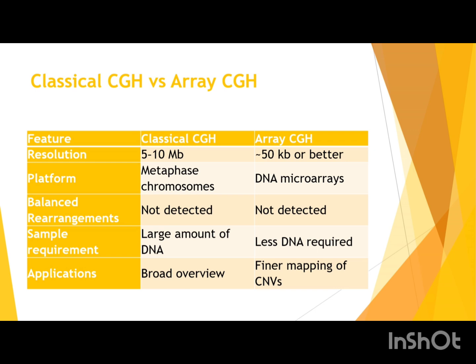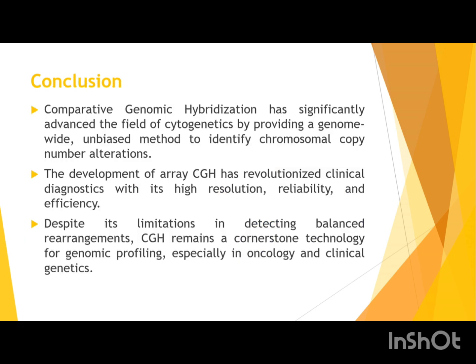Balanced rearrangements cannot be detected in either the classical method or the array method. For sample requirement, the amount of DNA is large in the classical method because every time we have to label it and hybridize it. In the array method, less is required. Fine mapping of CNVs is possible in array comparative genomic hybridization.